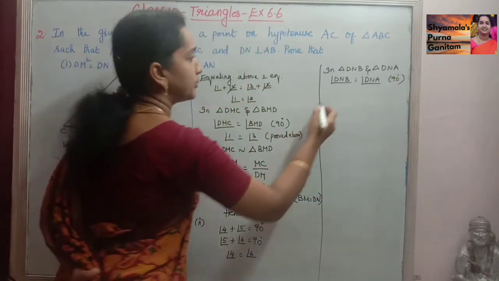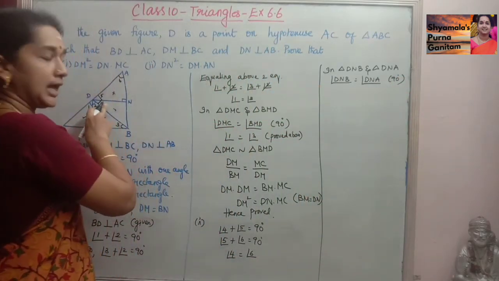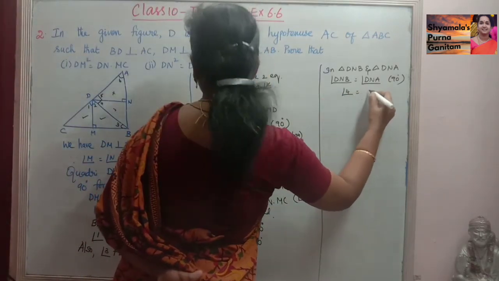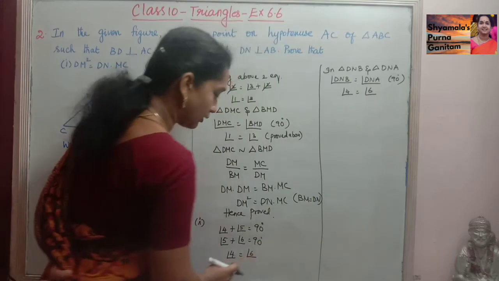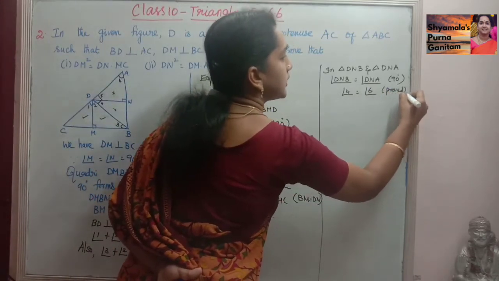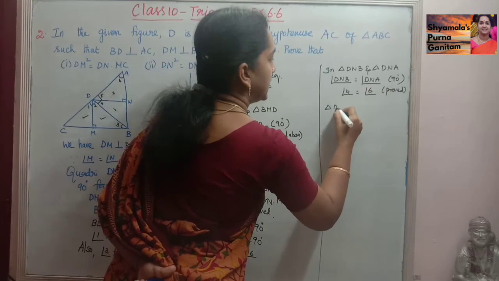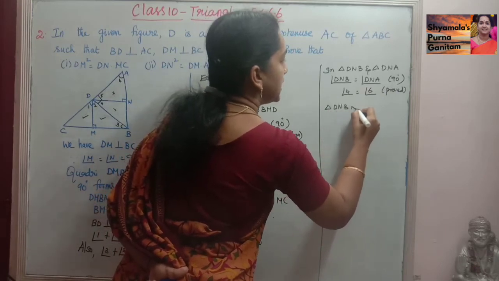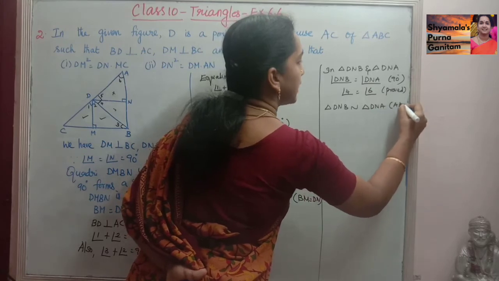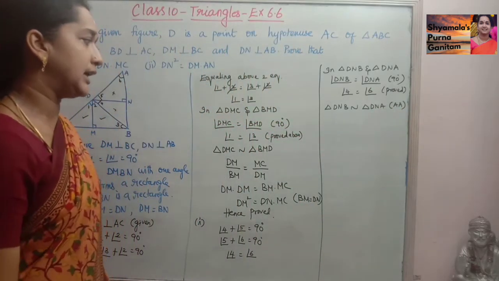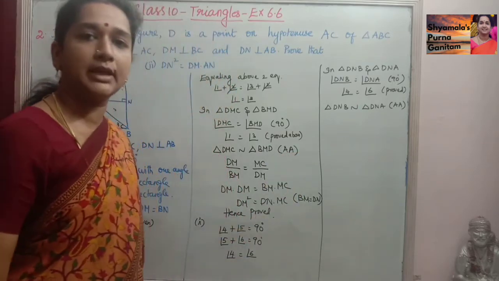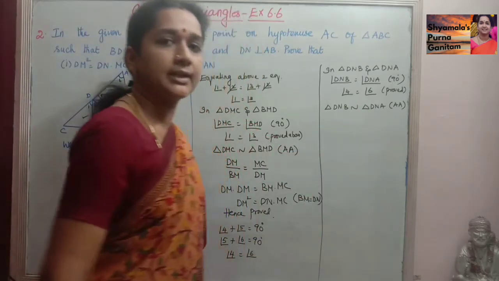Now already we have proved angle 4 is equal to angle 6. So angle 4 and 6 are equal, proved above. So by AA similarity, triangle DNB is similar to triangle DNA. By AA similarity, both the triangles are similar.